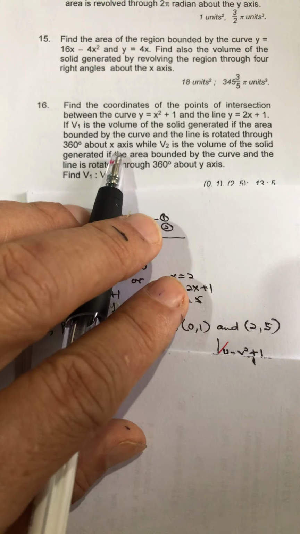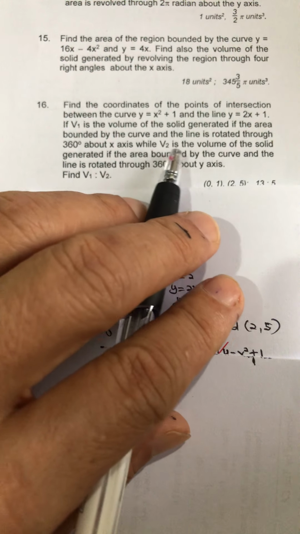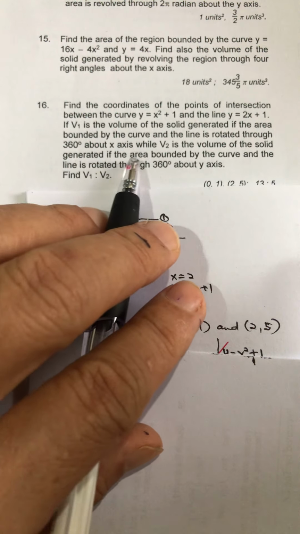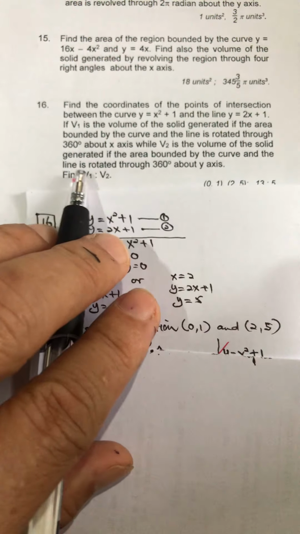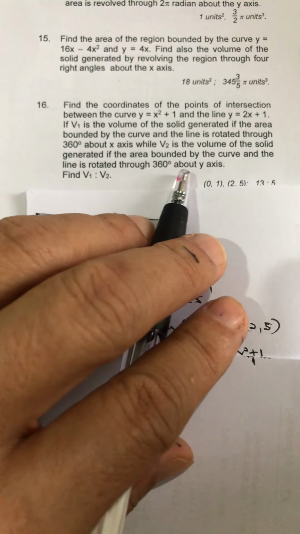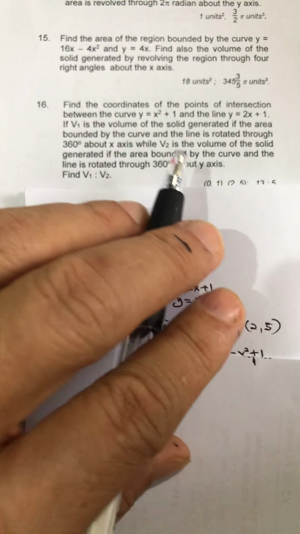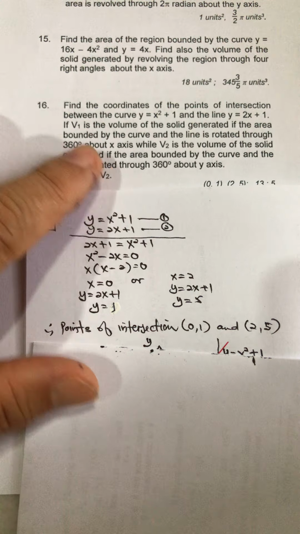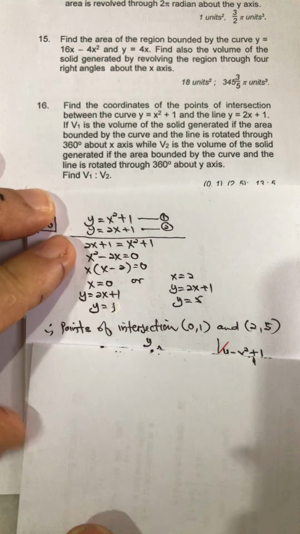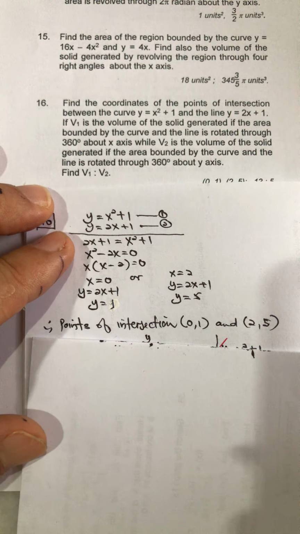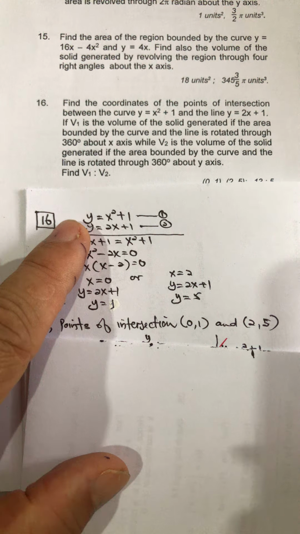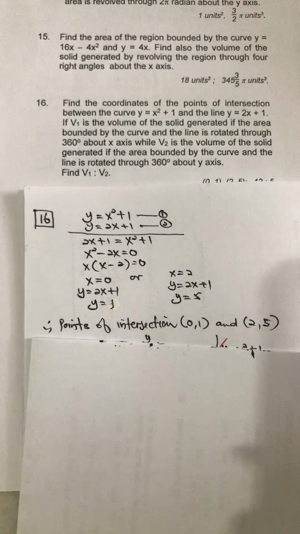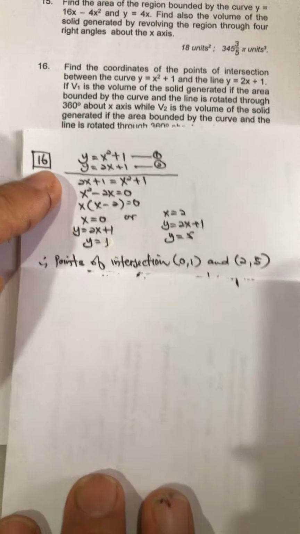V2 is the volume of the solid generated if the area bounded by the curve and the line is rotated about the y-axis. So you rotate about the y-axis, you get V2. You rotate about the x-axis, you get V1. First of all, you sketch the curve. One is a parabola, the other is a straight line. I think this should be no problem.